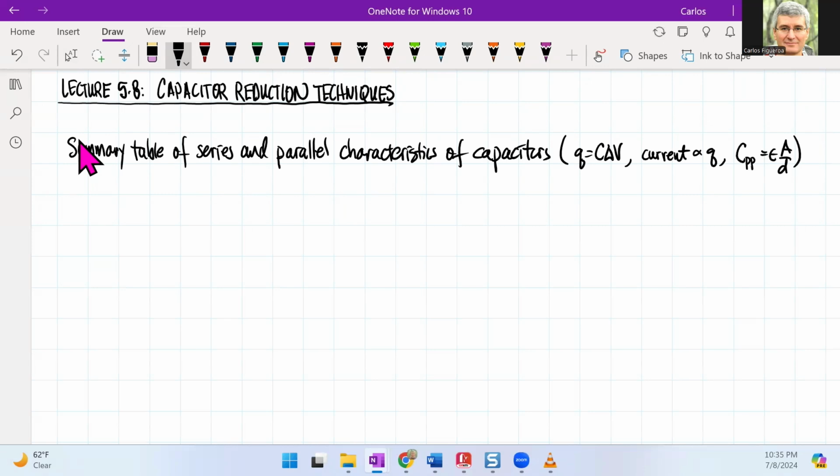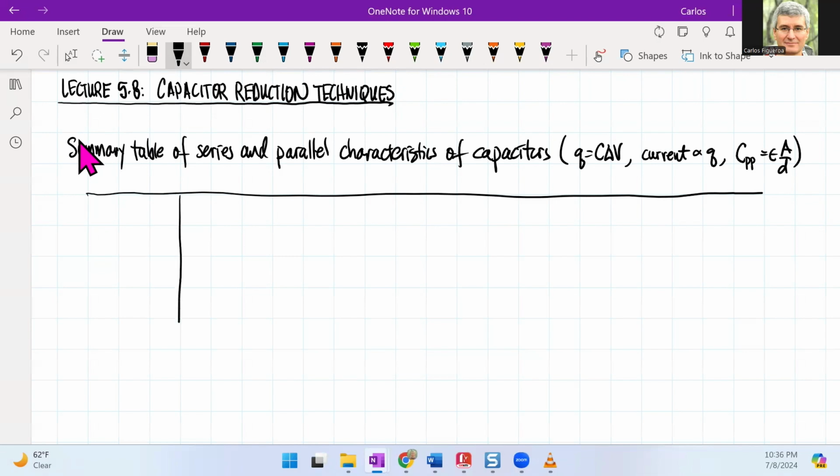So let's set up a table. The thing that I'm going to have to worry about is scaling this table, so I will adjust the lengths and everything. The first thing that we want to look at is I'm going to make a column on capacitance.